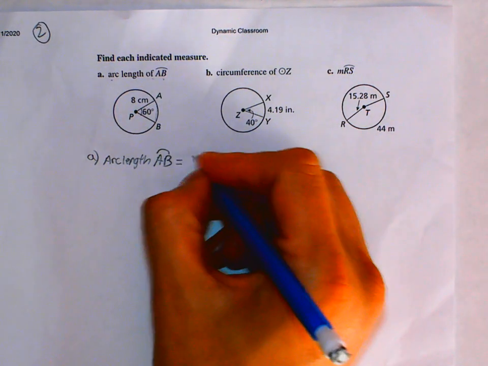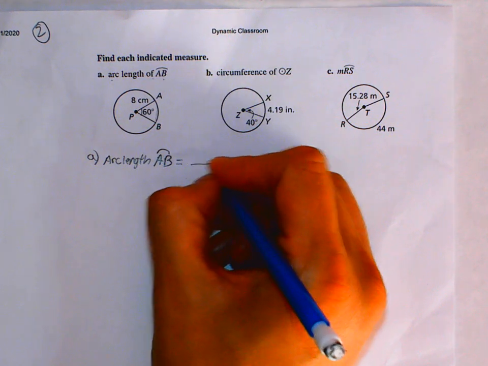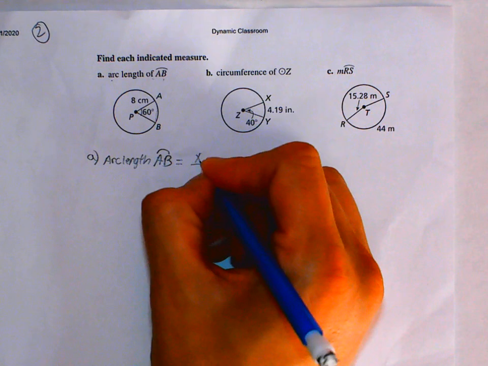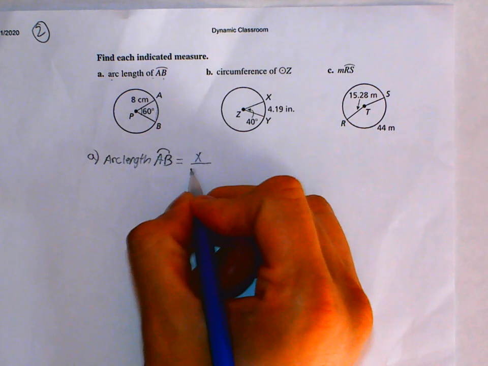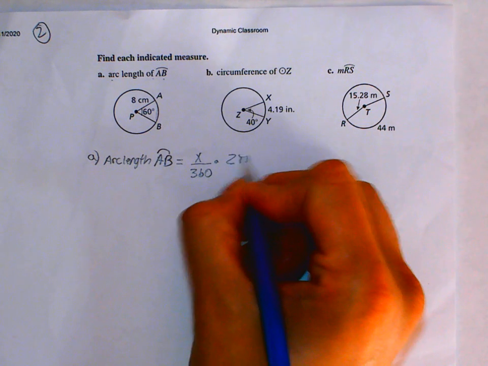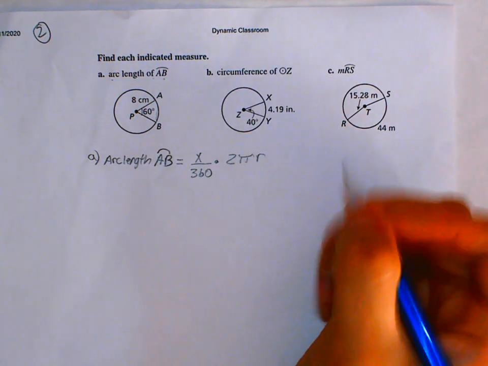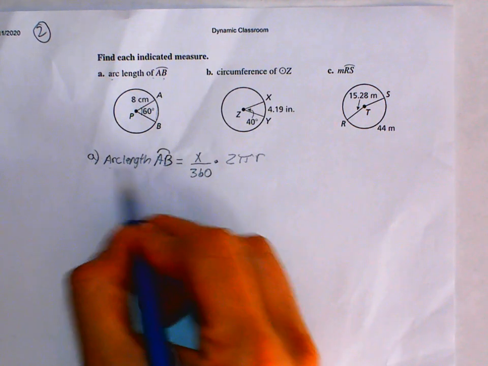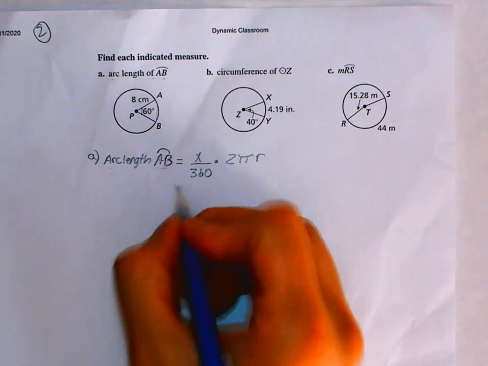is equal to the angle, I'm going to call that angle x for now, x over 360 multiplied by 2 pi r. That's the main equation that you're going to use. You are looking for the arc length of AB.